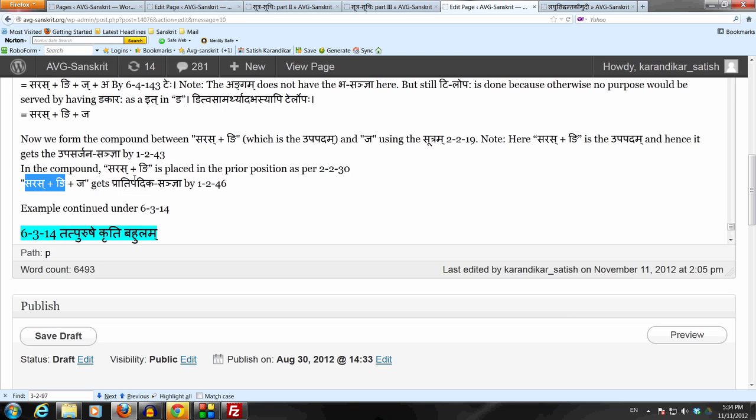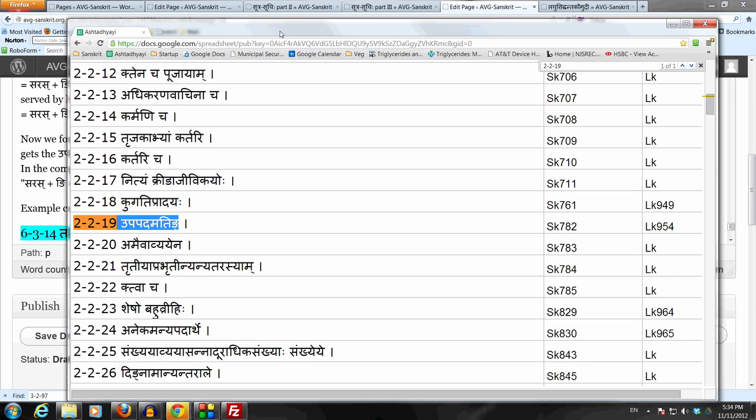And then the entire term saras ni plus ja gets the pratipadika sanya by kritta dita samasascha, because we have formed a samasa using the samasa vidhayaka sutram 2-2-19 upapadam ating. And now at this point we would normally use supo dhatu pratipadikayoho to do the luk elision of this affix ni, which is inside the pratipadikam.